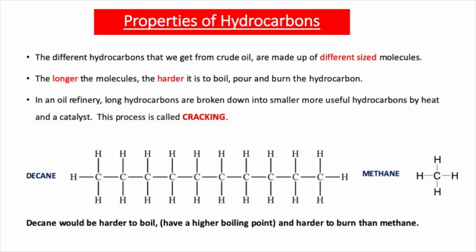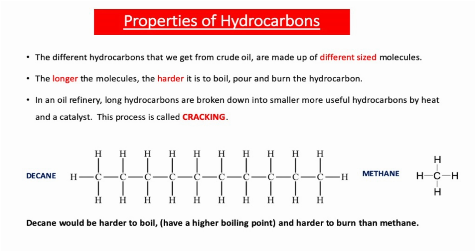So to illustrate this, we have two molecules. We have decane, which has 10 carbons and 22 hydrogens, and is a long hydrocarbon molecule. And we have methane, which is CH4, 1 carbon and 4 hydrogens, and is a very small hydrocarbon chain.